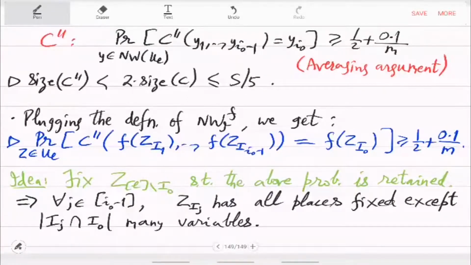By the way, this I have to correct, this is not I0, this is at I0 and this is at I0.